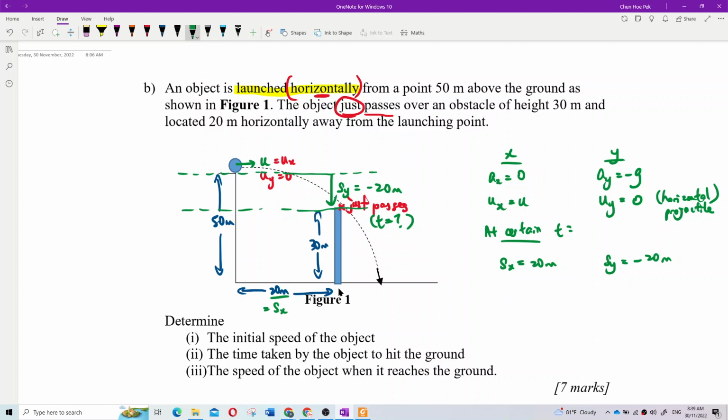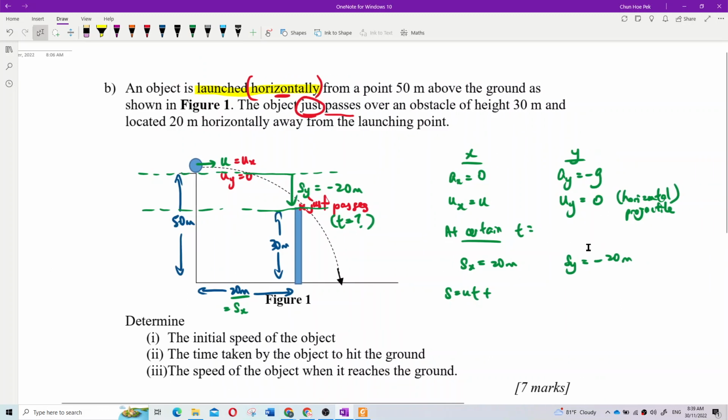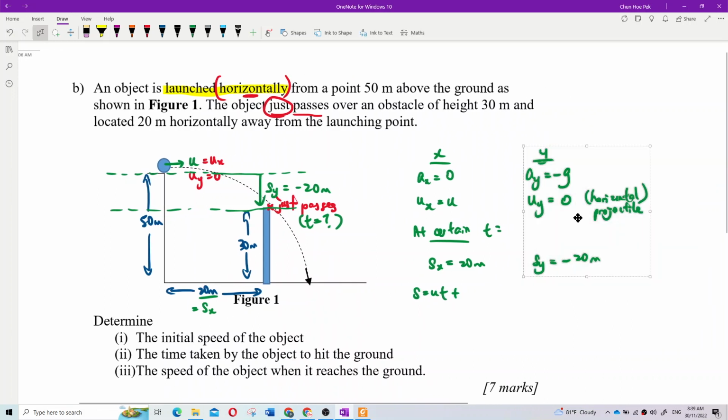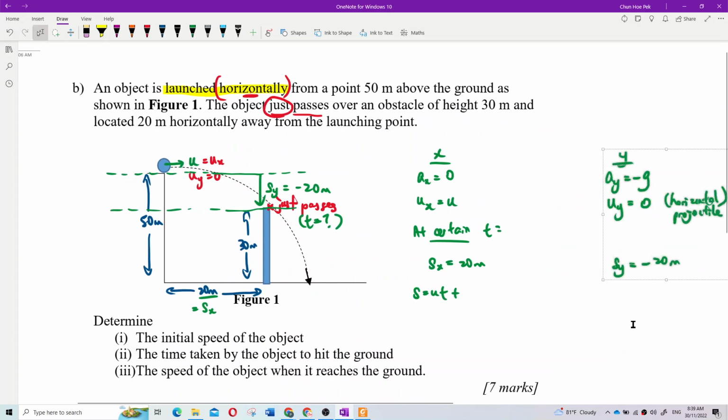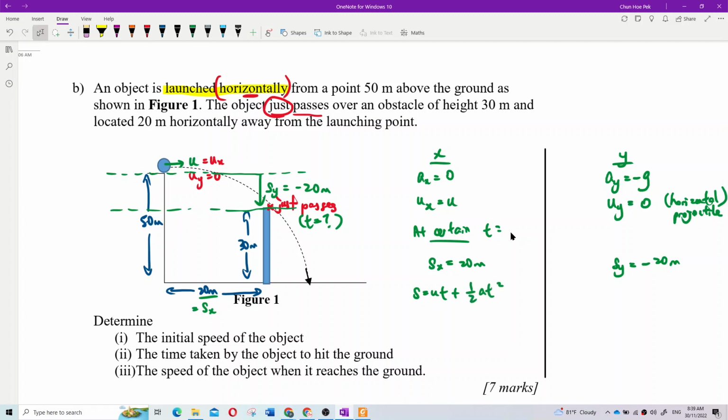So we can put the formula here, s equals ut plus half at squared. We divide into two columns, one for x, one for y. This one is all the x components: sx, ux, ax.